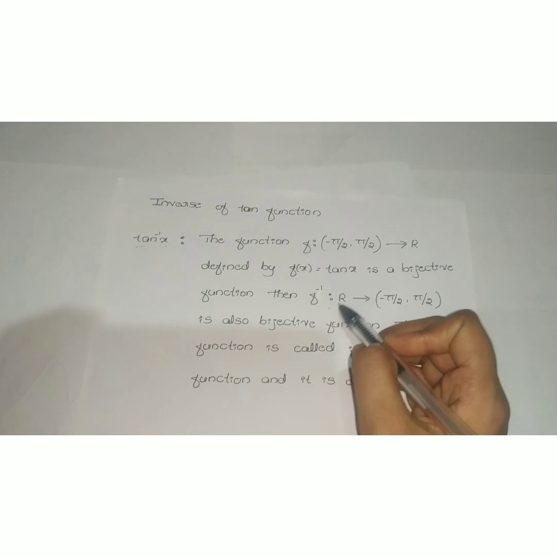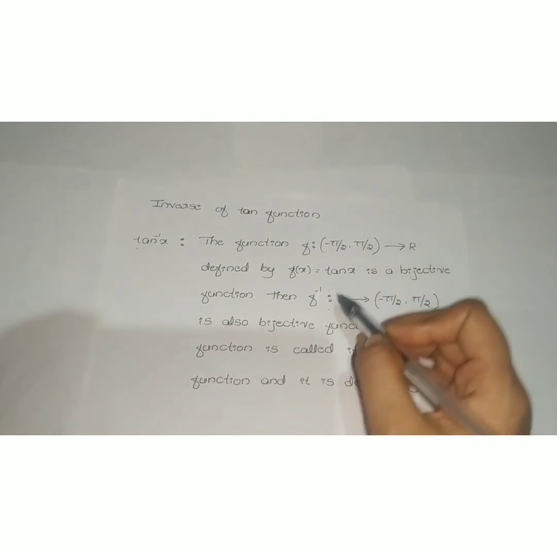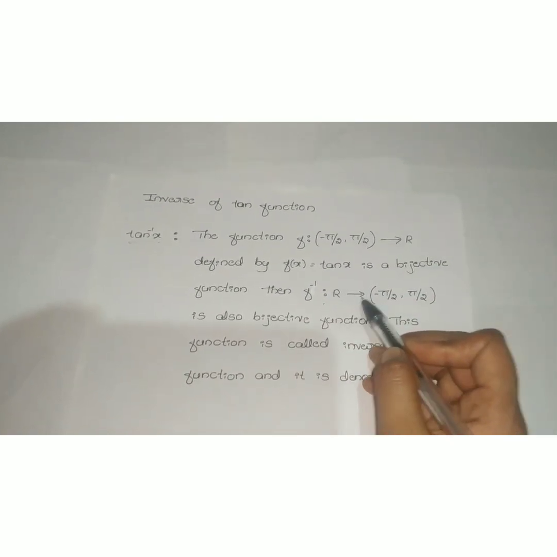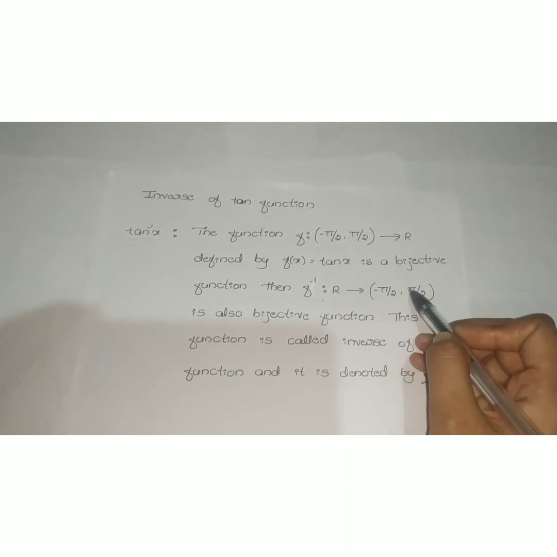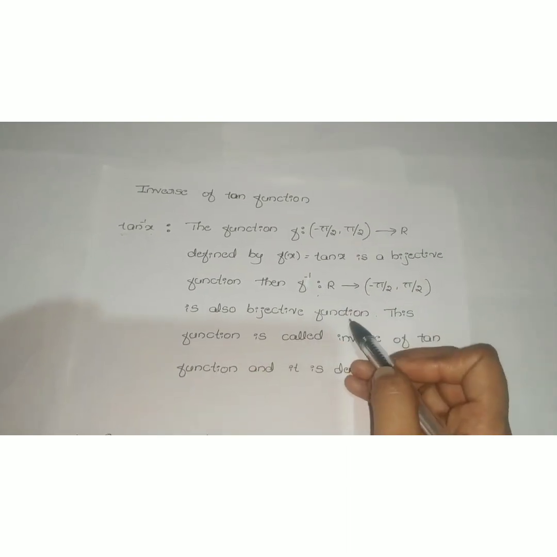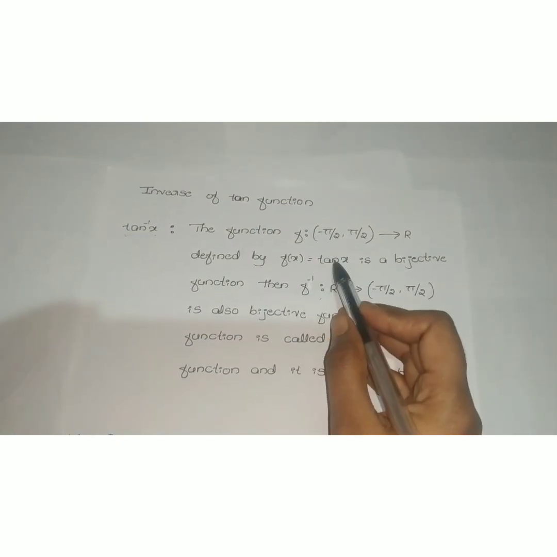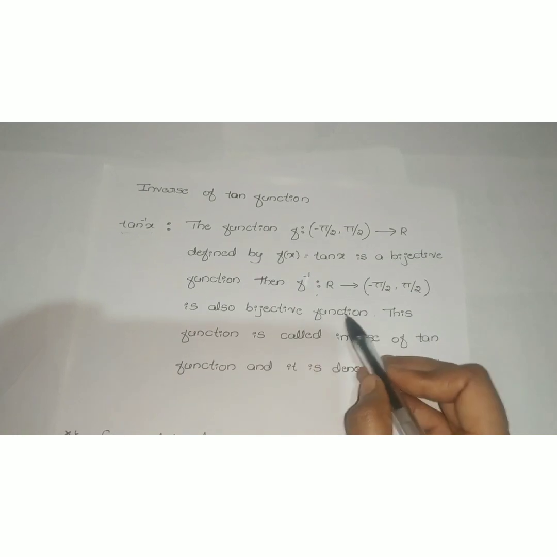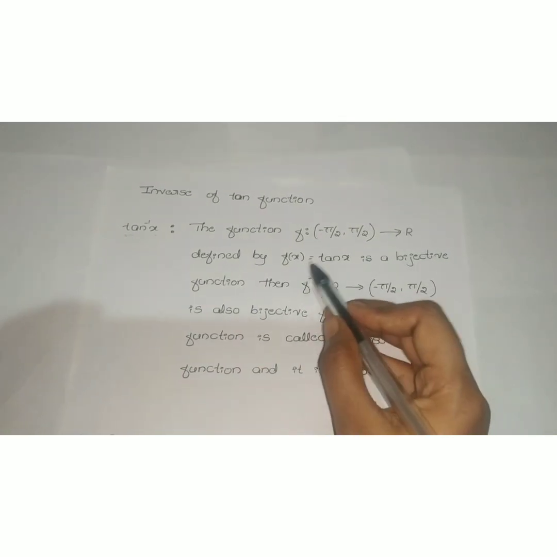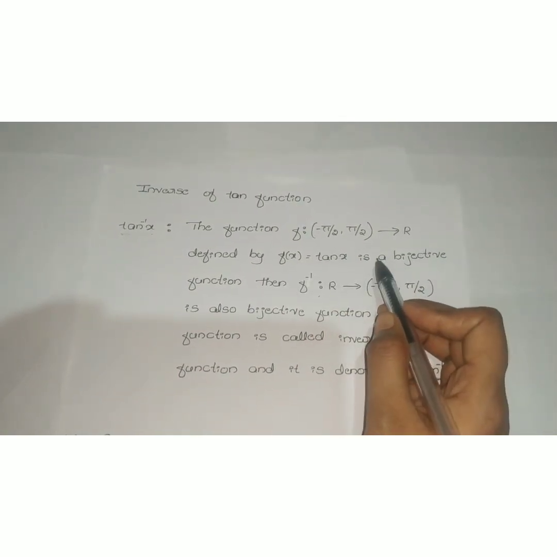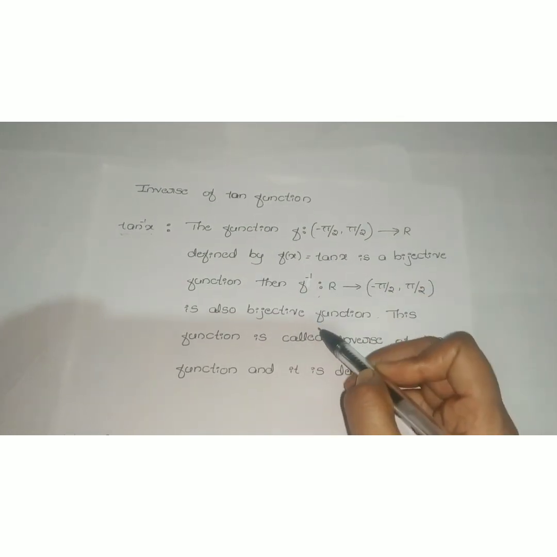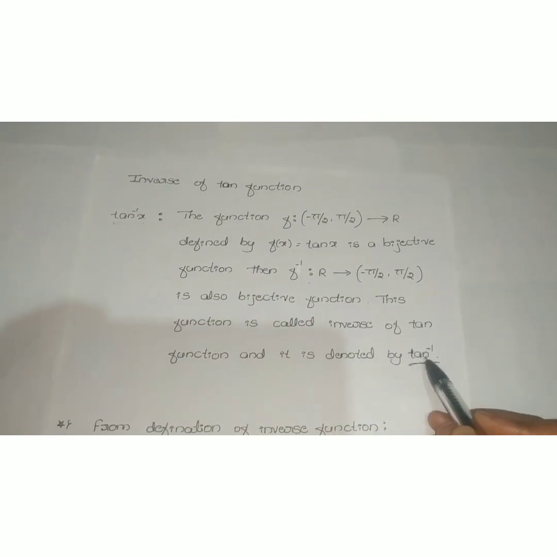Then f inverse is a mapping, changing the domain and range, from all real numbers to the open interval minus π/2 to π/2, and it is also bijective. If you already know that a function is bijective, then the inverse of that function is also bijective. This function is called the inverse of the tan function, and it is denoted by tan inverse.